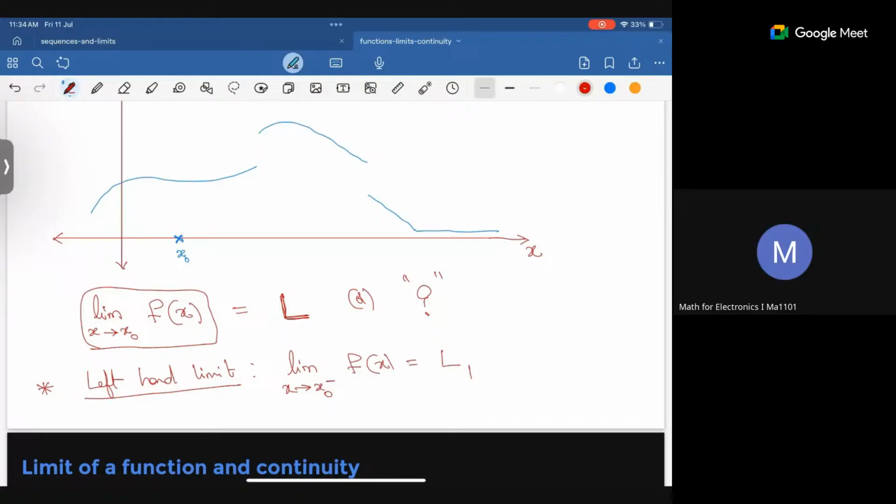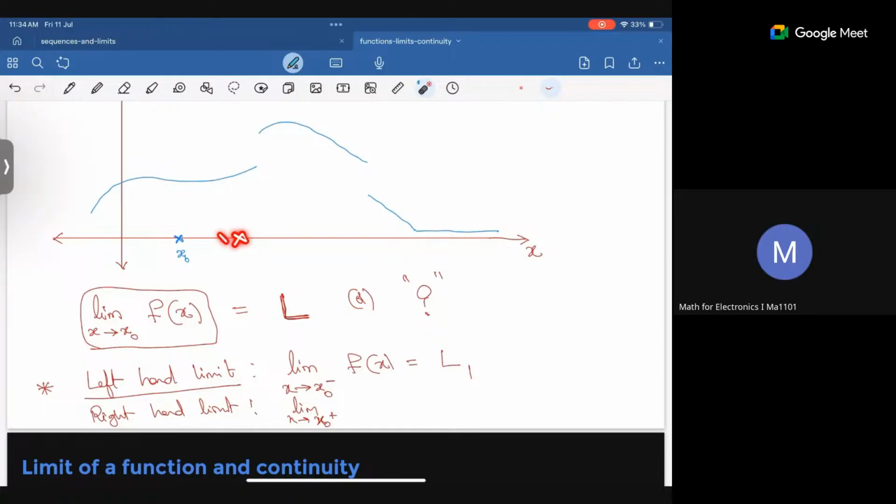And similarly, I will compute the right hand limit. Again, instead of considering any random sequence that converges to x0, I will consider only those sequences that start from the right side of x0.